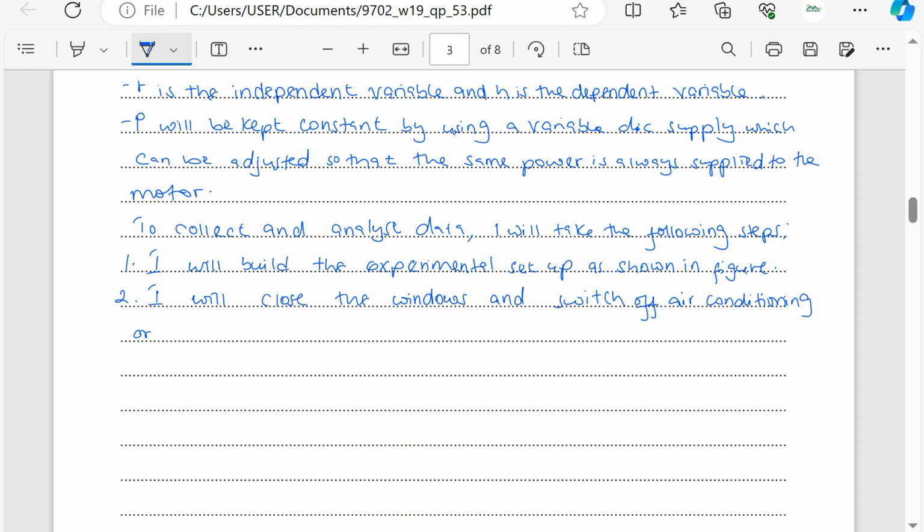Or I would use a windscreen to avoid drafts. In other words, you put a windscreen around your apparatus so that you avoid wind blowing the ball away. So, or use a windscreen to avoid drafts.